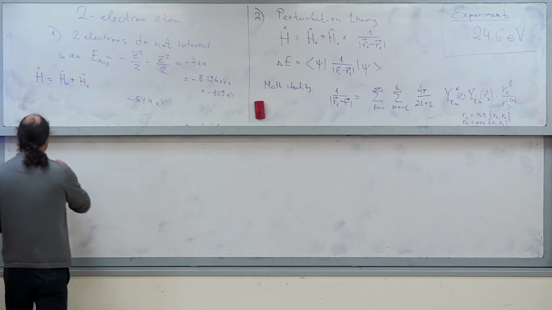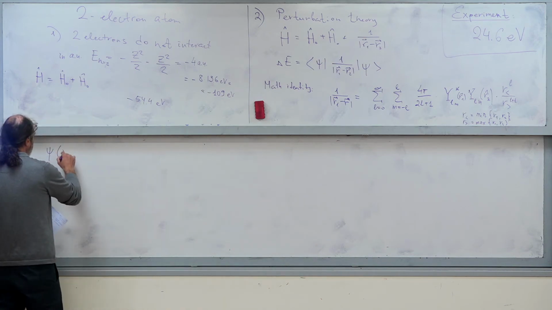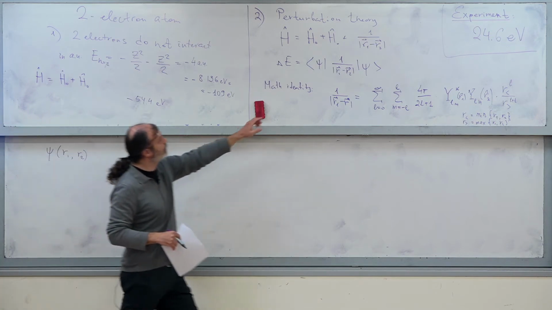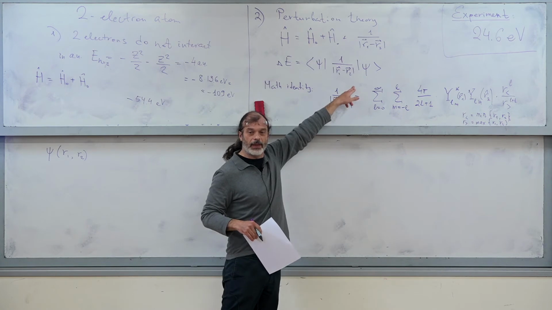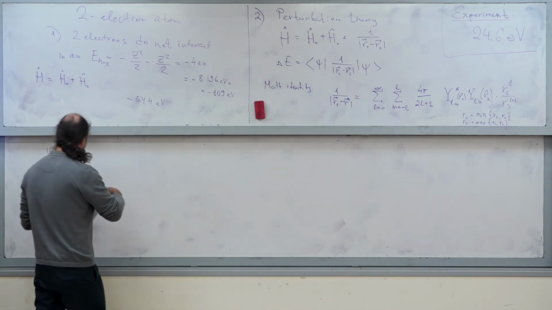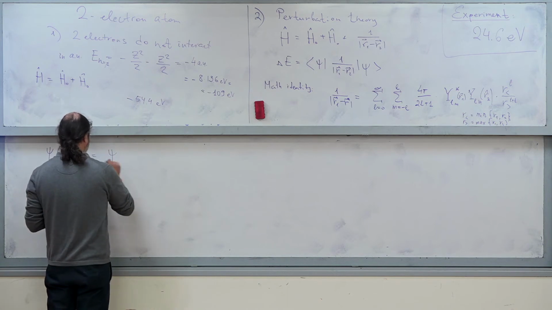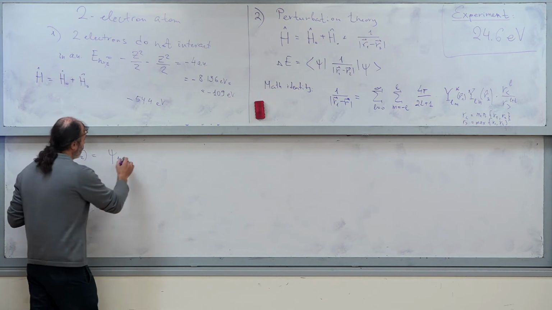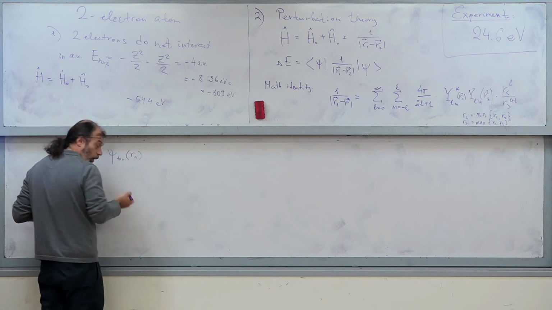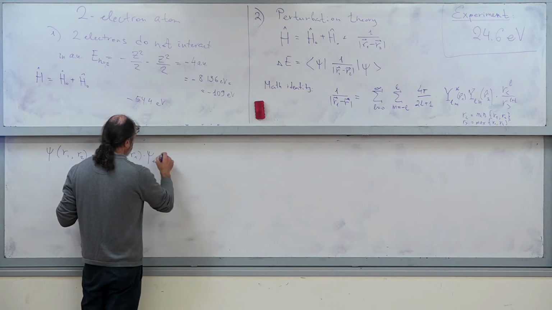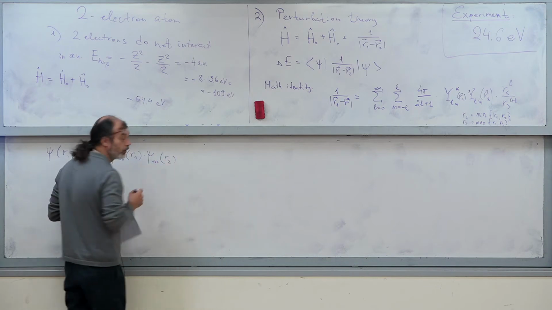So from the spatial point of view, this wave function now depends on R1 and R2. That's the wave function that we should use in order to calculate this part. But we can write this wave function as separable. It will be the wave function of the ground state depending on R1 of one electron, multiplied by the wave function 1, 0, 0 of the second electron, R2.